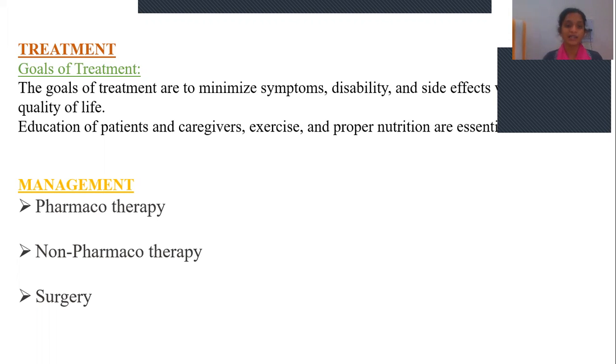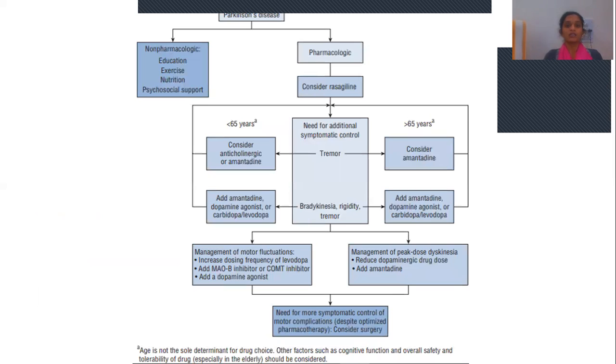When coming to management, it can be managed in three different ways: pharmacotherapy, non-pharmacotherapy, and surgery. First we'll be discussing pharmacotherapy of Parkinson's disease. This flow chart shows the algorithm for how to treat Parkinson's disease.